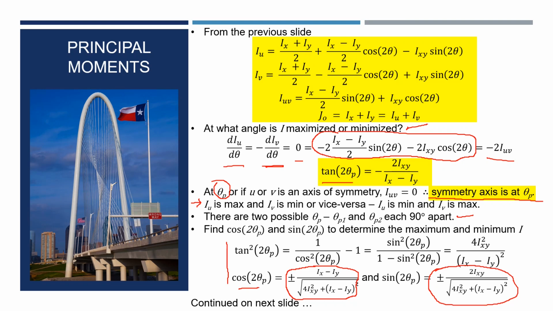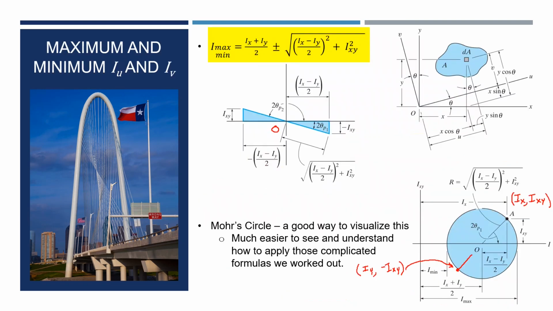And then we go to the next slide. We use those expressions to find I min or I max. We just substitute the sine and cosine angle expressions into the formulas for Iu and Iv, and we find the I min max expression given like this.